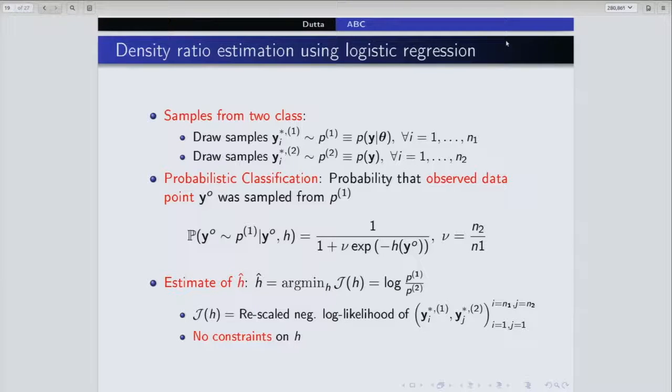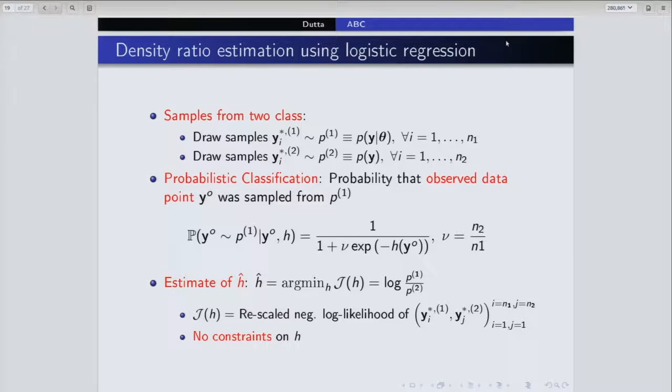And we know from the logistic regression literature that if you compute this h hat, which is basically a likelihood function of the class indices, and you write the log likelihood, take the rescaled negative log likelihood of this whole data set, write J(h) and minimize that, you virtually get h hat. Any statistical and mathematical software has a logistic regression solver. You will find it everywhere. So you can solve for h hat very easily.